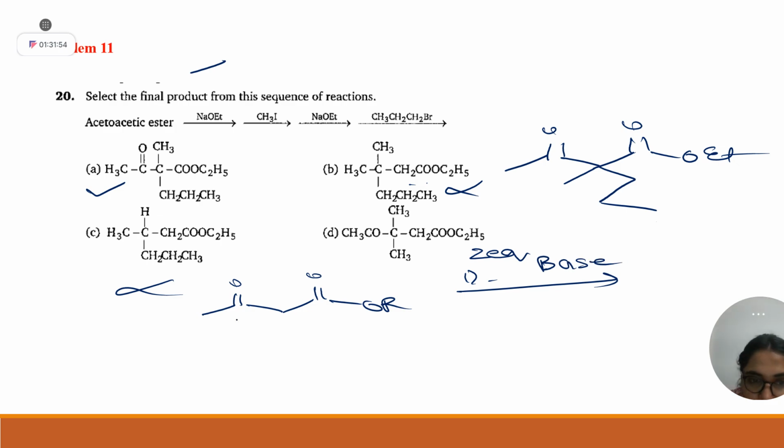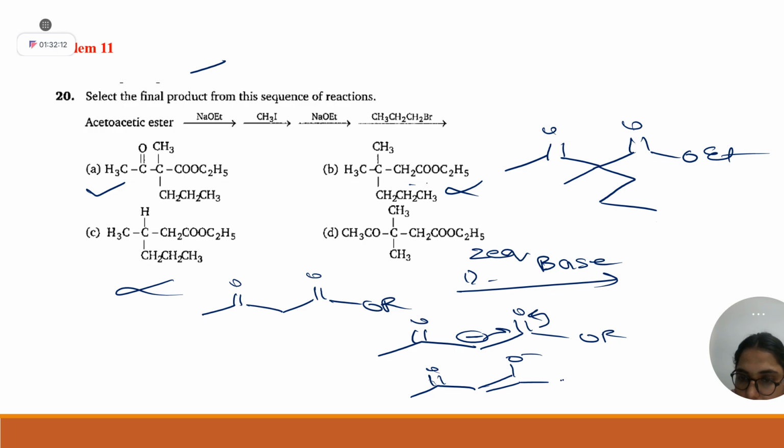So the first base is going to abstract a proton from this side, obviously from the active methylene. After forming, it will be your enolate. The second base obviously will abstract a proton from this side. It can't take both protons simultaneously from this center, it would be a dianion, which is not possible. So second is your this.